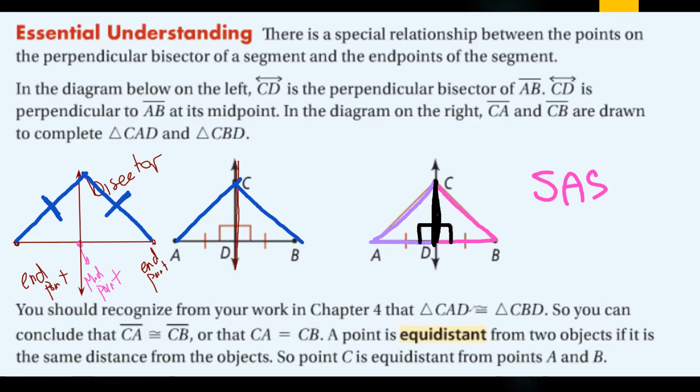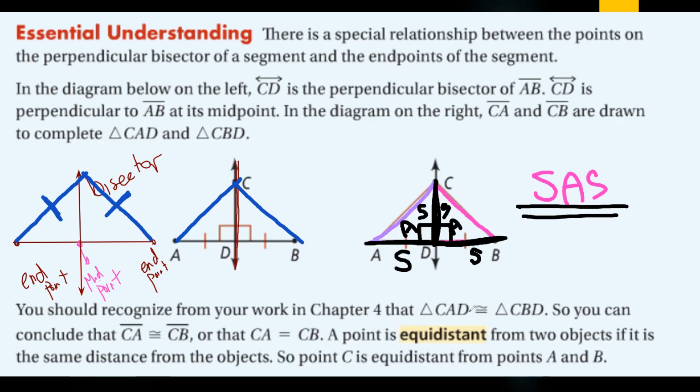And since it bisects the base, the length of this side will be equal to the length of this side. So here what did you have? Side, angle, side. So can you say that triangle ACD is congruent to CDB because of SAS?